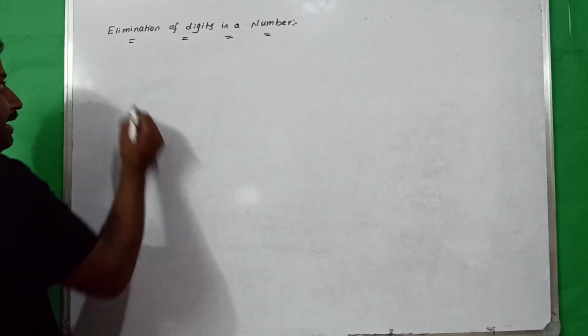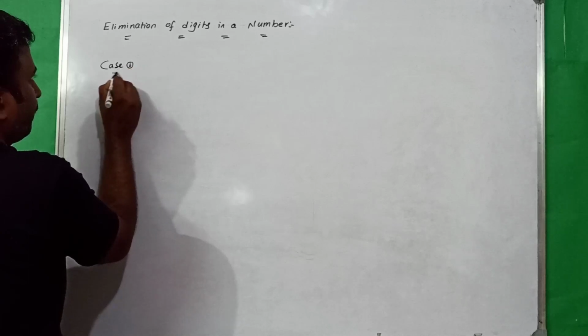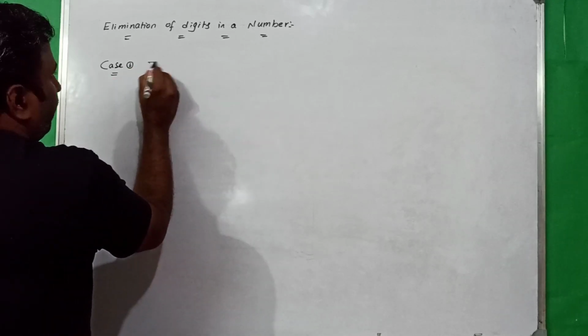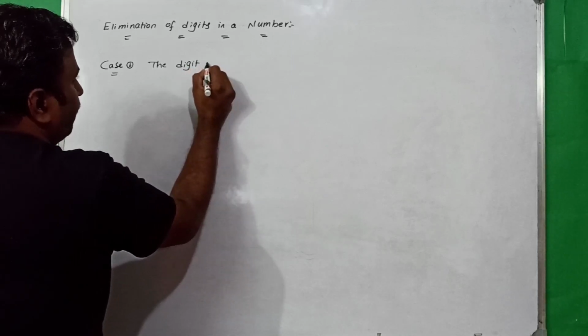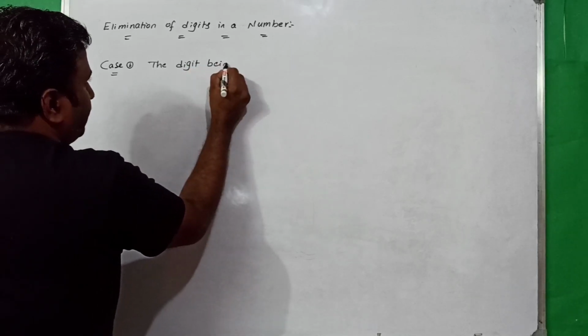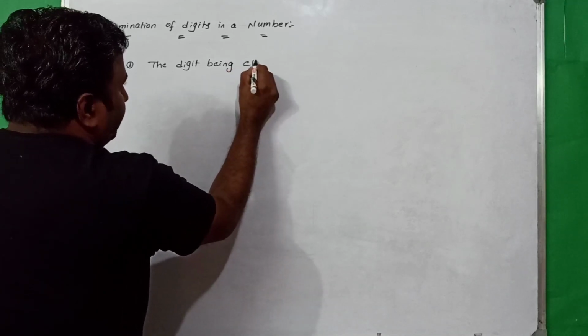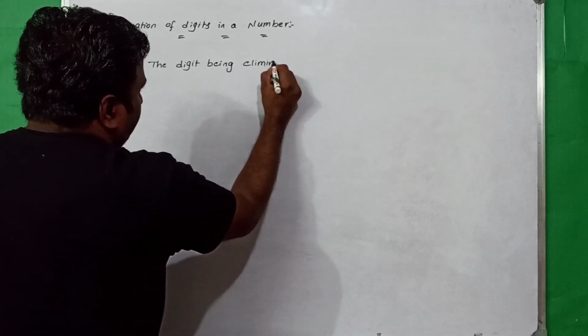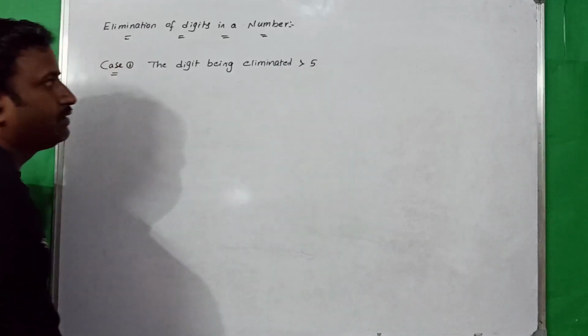So first, case 1, the digit being eliminated is greater than 5.